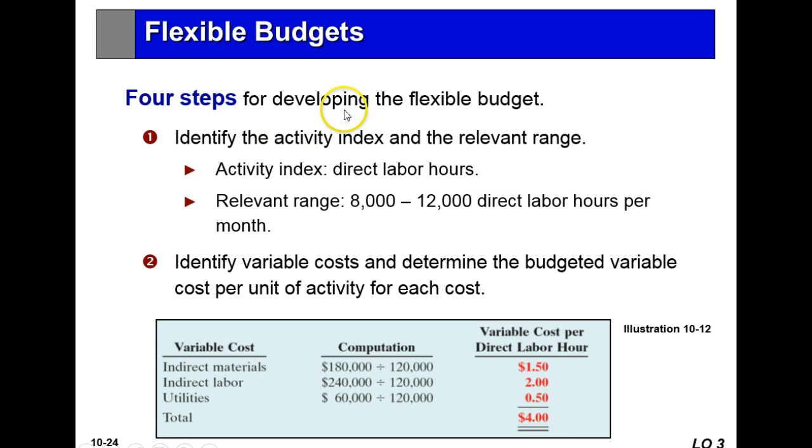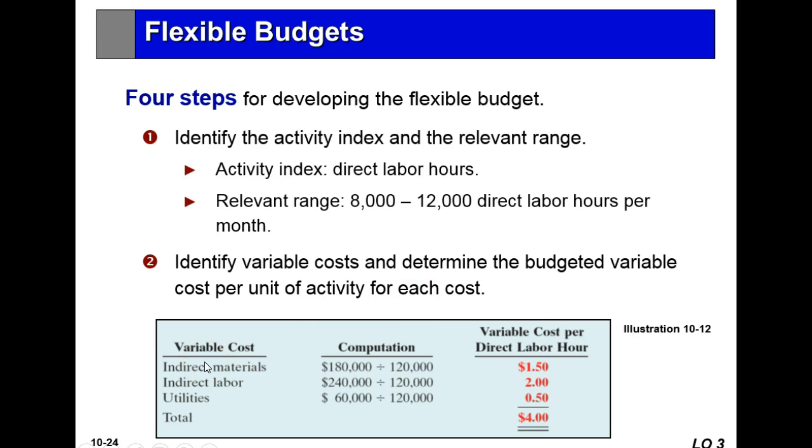So, in developing this flexible budget, we've got to look at activities along with the relevant range. So this activity is really direct labor hours, and we've got to look at what's possible or what applies within each period. And then from there, identify the variable costs and determine the budgeted variable cost per unit of activity for each cost.